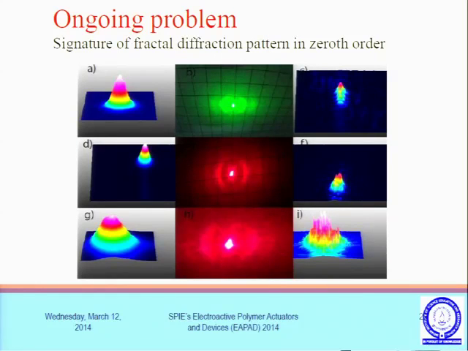When the distance between the insect wings and the screen is very large, we can see that the zeroth order of the diffraction pattern shows some strange behavior. With the green laser we see the zeroth order like this, and this one is the red laser zeroth order output. But when we use the femtosecond pulse laser system, we observed a fractal sort of diffraction pattern in the zeroth order. So the analysis is still going on.